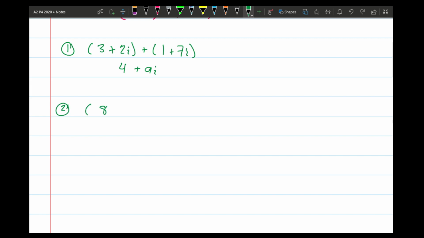So let's do 8 + 6i minus 5 + 2i. What I'm going to do is say 8 minus 5 is 3, and then 6 minus 2, 4i, and done.